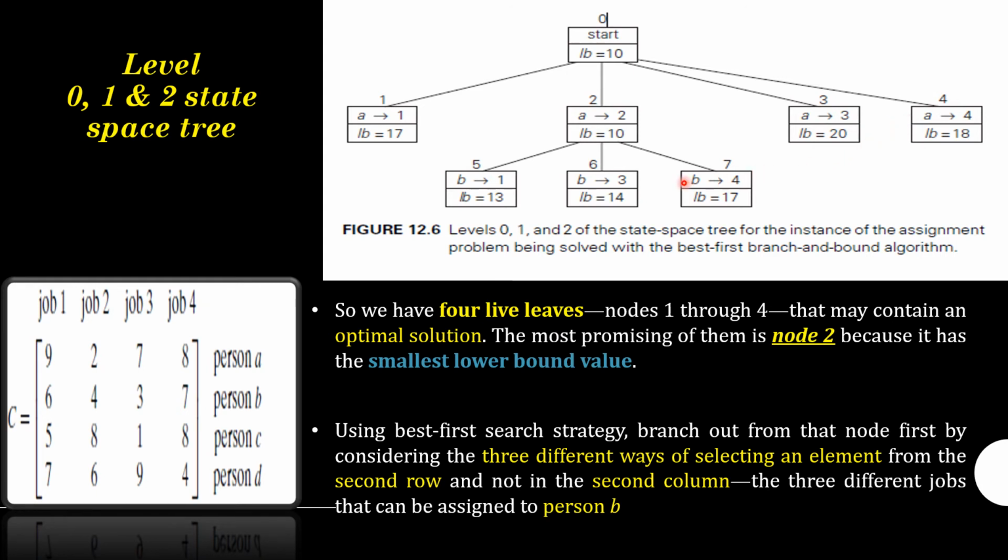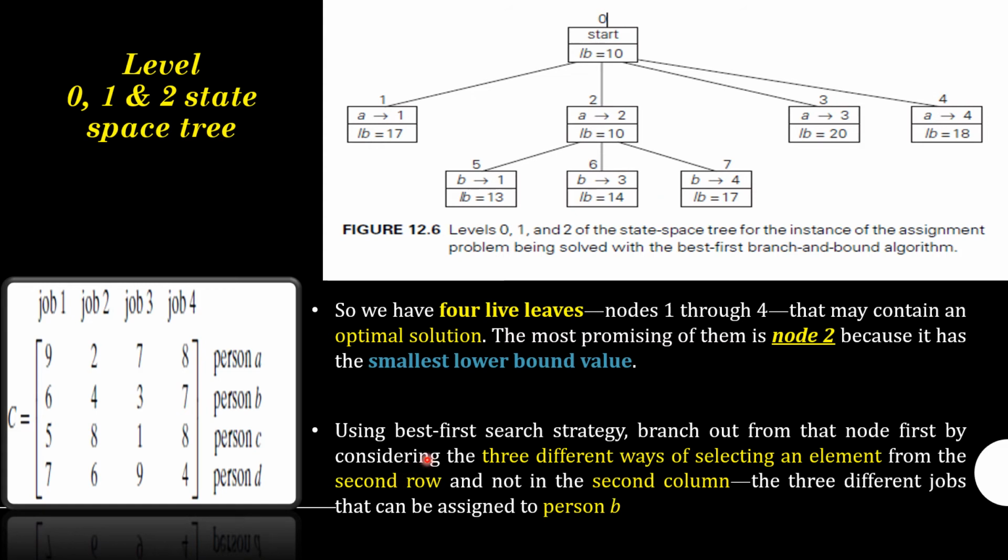The most promising of them is node 2 because it has the smallest lower bound value. You can see the lower bound value of each node: the first node is 17, the second is 10, the third is 20, and the last is 18, right? So the second node, which has the lower bound 10, is the most promising node, and that's why we are selecting it to branch out to the next level.